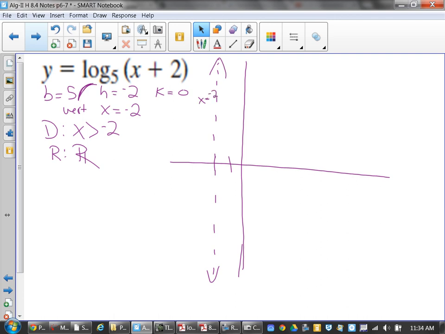There's my asymptote. Ordered pairs. I want to create my log that have 1 and a 5. So what about the x values? I want to have log base 5 of 1 and log base 5 of 5.